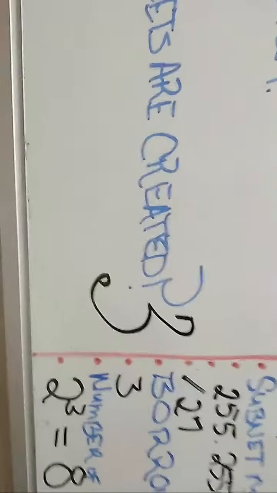So here are the available subnets that we created. Notice that we've got a usable host address range for each of those.